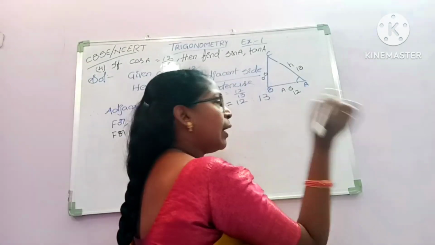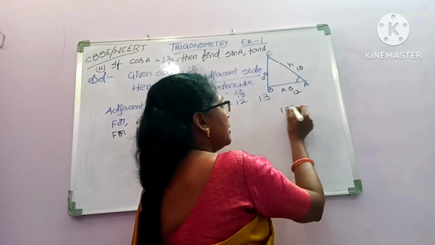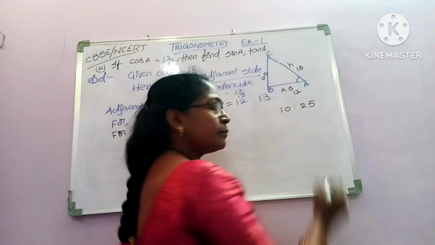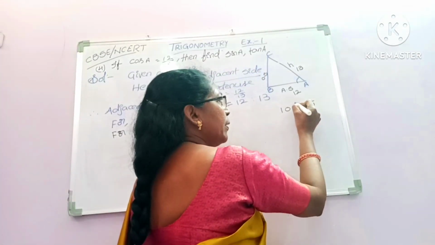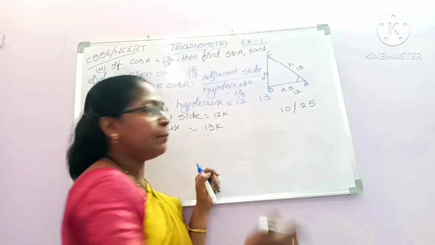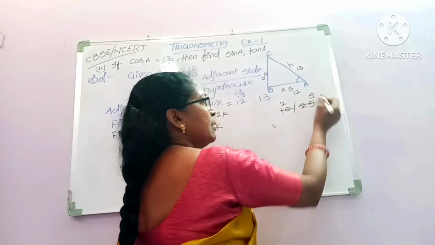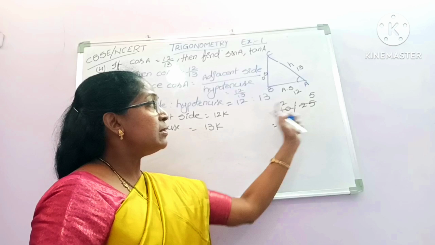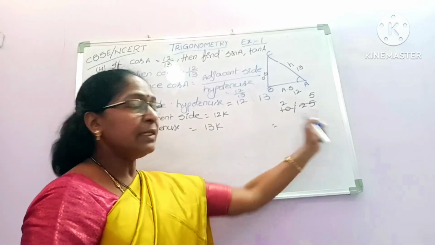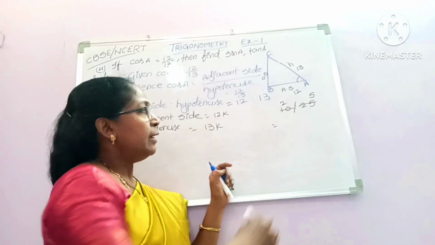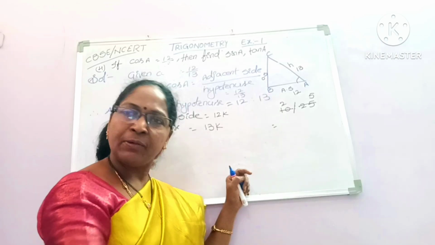So for example, I will show you here 10 is to 25 or 10 by 25. Both are the same. You can simplify. 5 is divisible in this 2 times, in this 5 times. Is any other value divisible in both numbers? You have to check it. If it is divisible, then again you have to simplify.